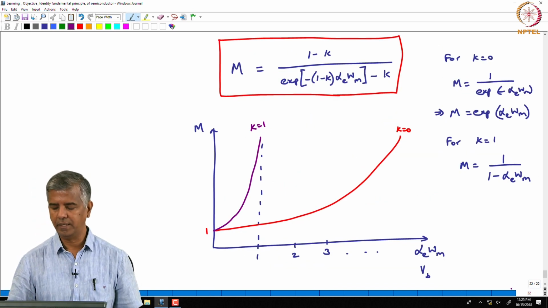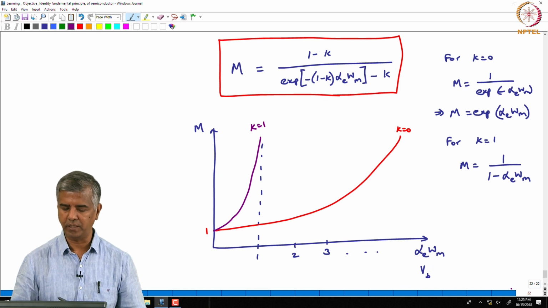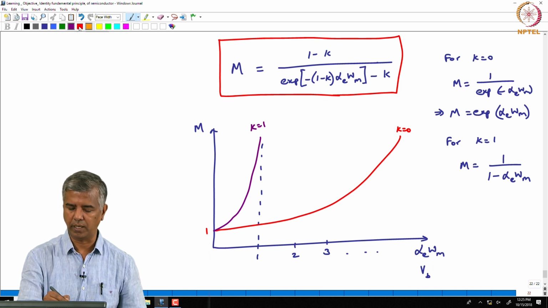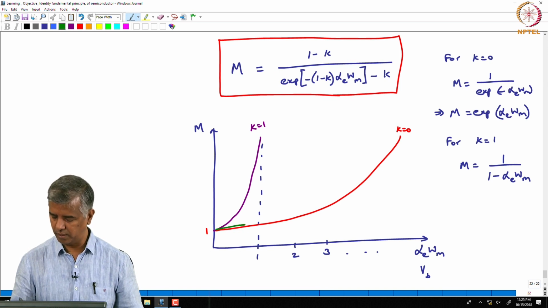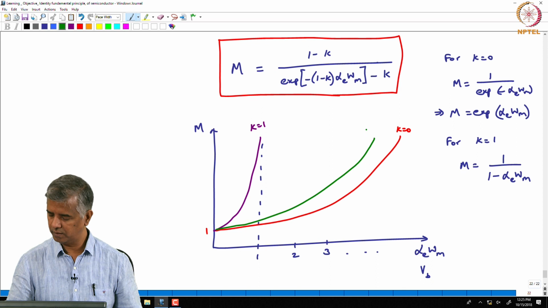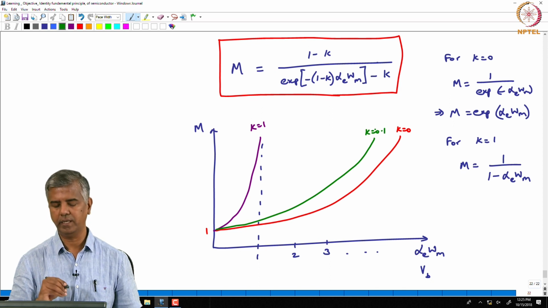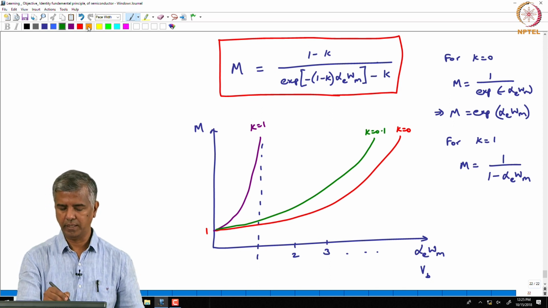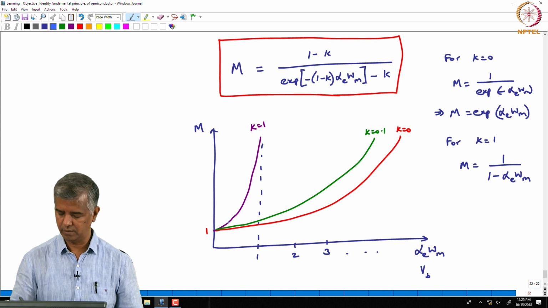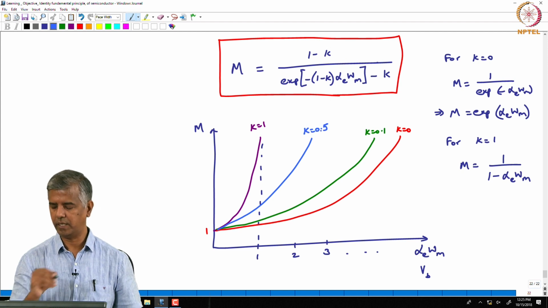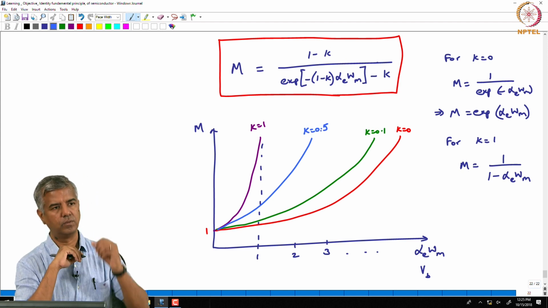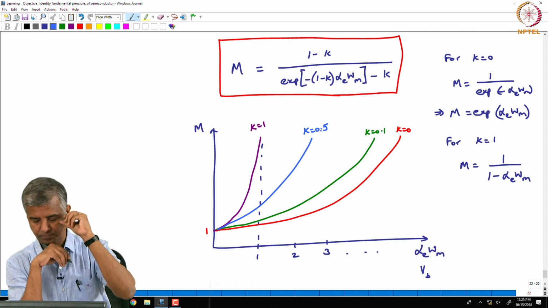And to put things in perspective, silicon has k equal to 0.1. So, that will be somewhere over here, and for indium gallium arsenide, k equals 0.5. So, that would be something like this.